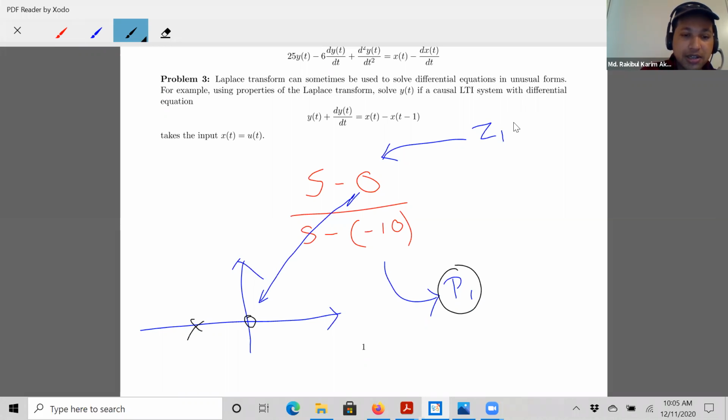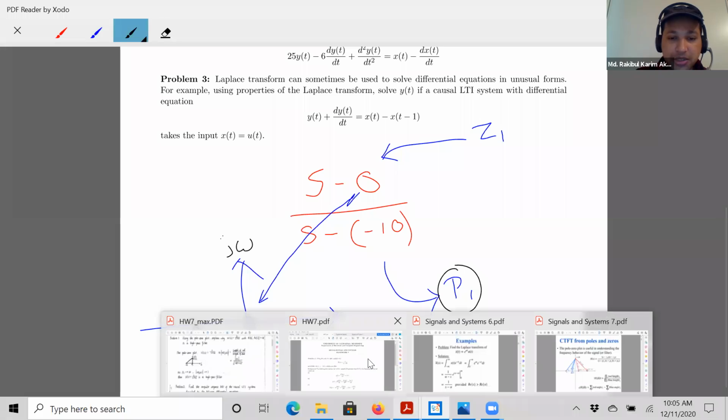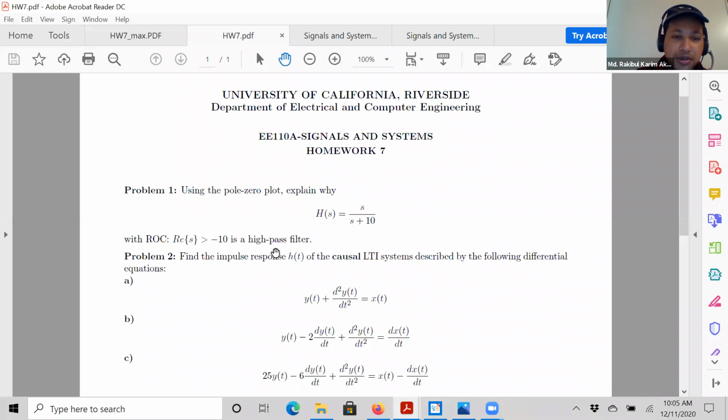So we generally represent a pole as this kind of cross sign and a zero as this kind of circle. So this is your pole zero plot. In the S-plane, this is the j omega line. So what is it saying? The question was, explain why it is a high pass filter.